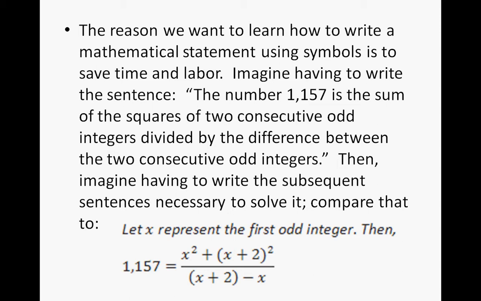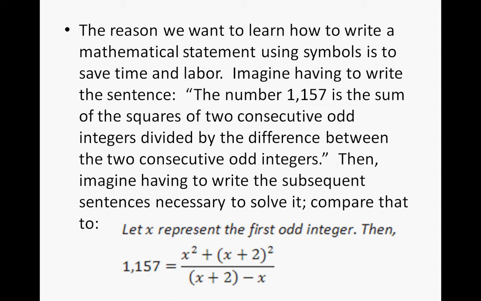Imagine having to write this sentence: the number 1,157 is the sum of the squares of two consecutive odd integers divided by the difference between the two consecutive odd integers. Then imagine having to write the subsequent sentences necessary to solve it.